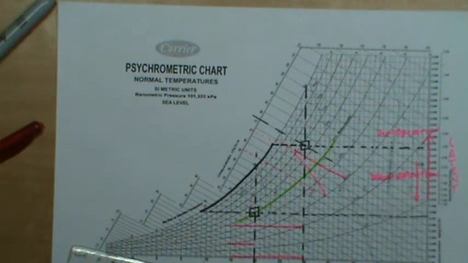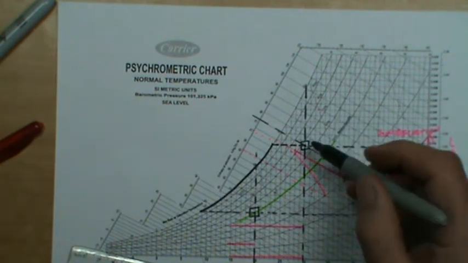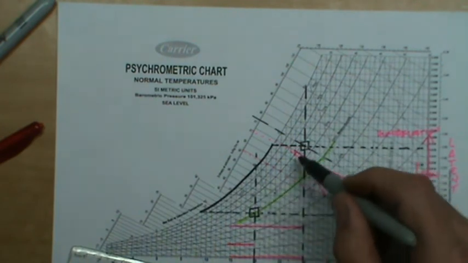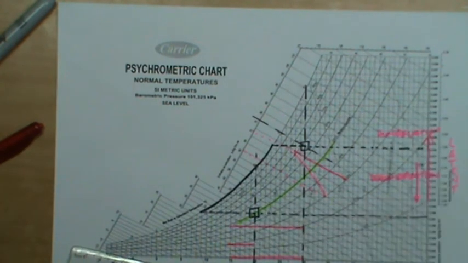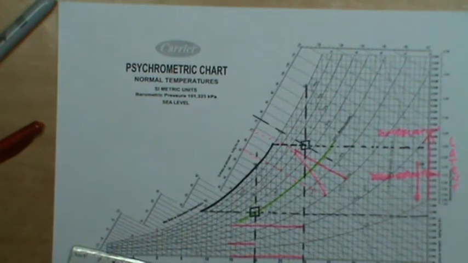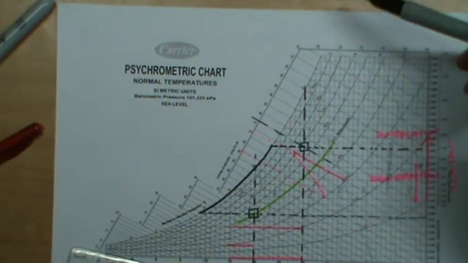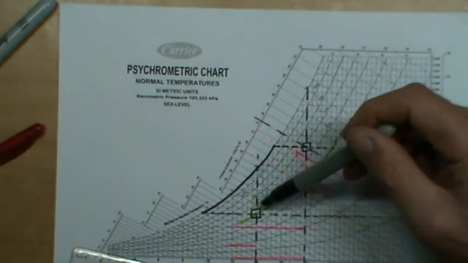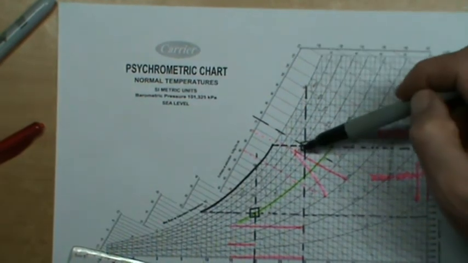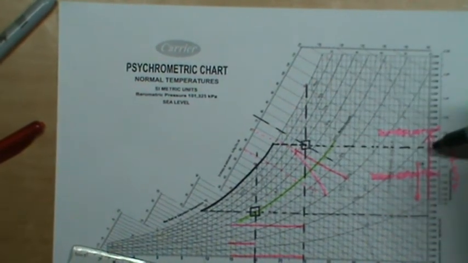The next thing that we'll be looking at is that if we're moving from that point to that point, we also then want to know how much energy we have to put into a coil to effect cooling and dehumidification.